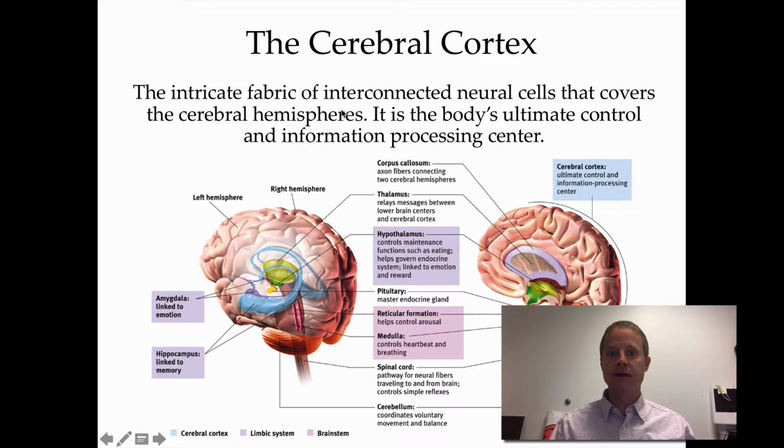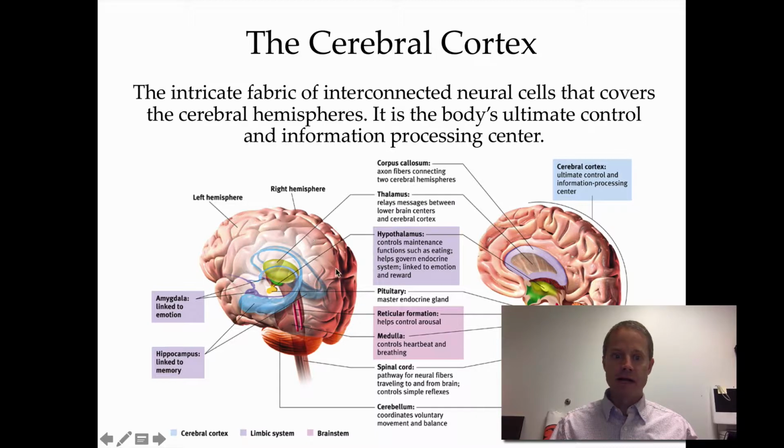It is the intricate fiber of interconnected neural cells that covers the cerebral hemispheres, the body's ultimate control and information processing center. So on this view over here, all of this pinkish material that's up top is the cerebral cortex. In real life, it's all gray.